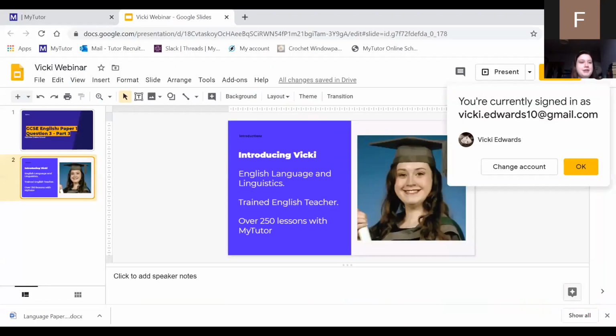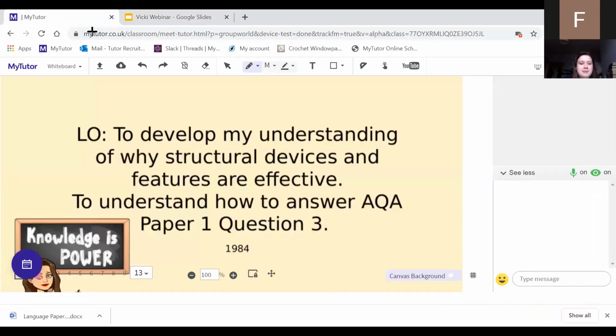Fabulous. Right, good morning everybody. So we're just going to be carrying on with what we've been looking at for the rest of the week. I am using AQA as my base for how we're running through all of these sessions. So we did paper 1 question 2 last week, question 3 this week, and then question 4, question 5, etc. as we go along.